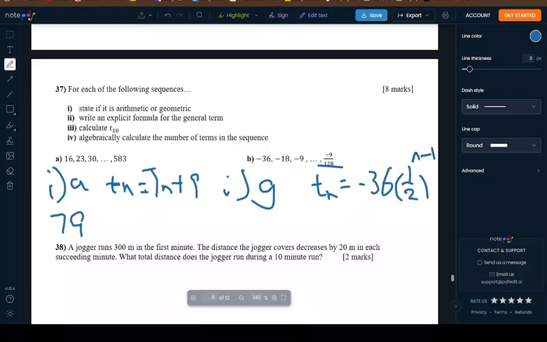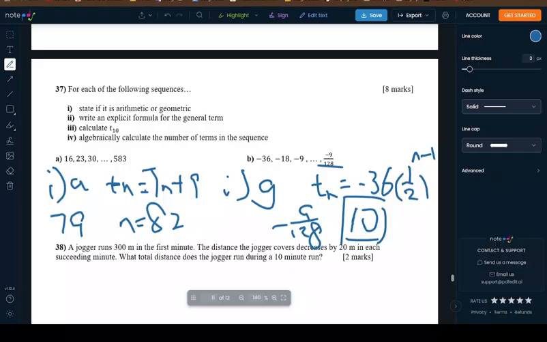Alright, so I guess that's our last term, negative 9. So if it's our last term, this has 10 terms. You can do it algebraically by using our formula, just saying. And n for this one is 82. Just multiply, divide, and use the formula.